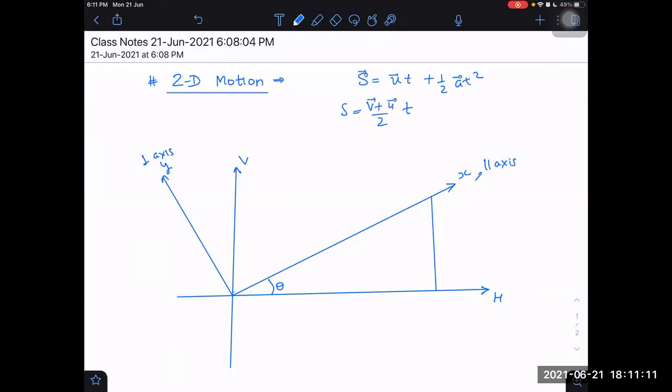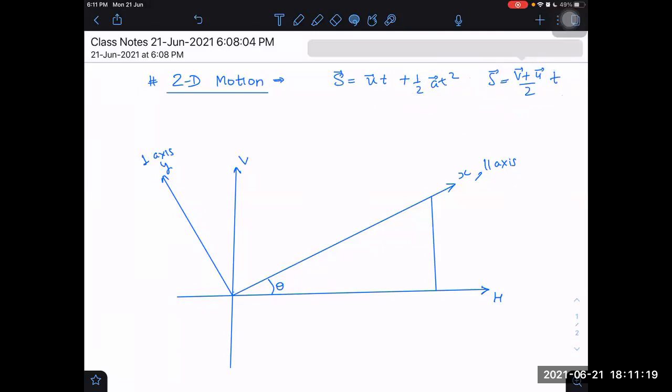You have to take them like vectors which will have i cap, j cap components, proper vectors, especially when it is two-dimensional motion. Okay, next v square minus u square equal to 2as. That is also there. Next, what are the formulas there? vt minus half at square is also there.